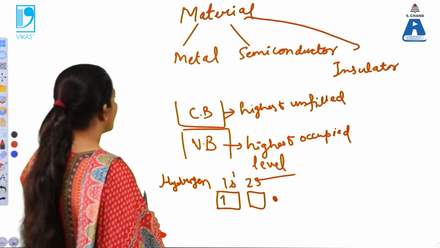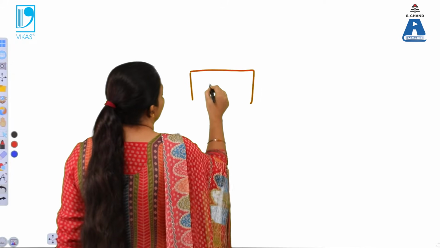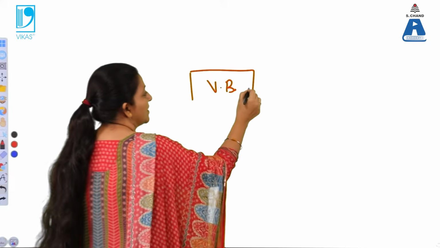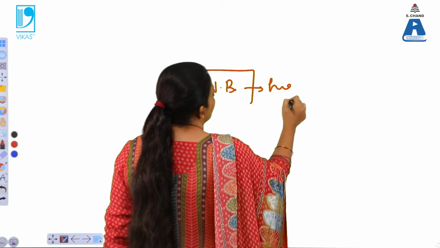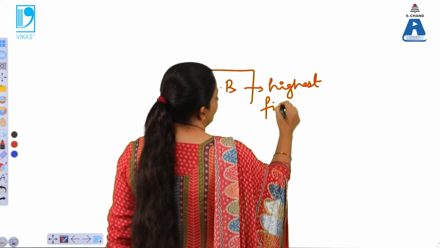So the valence band, in other terms, is known as the highest filled band.